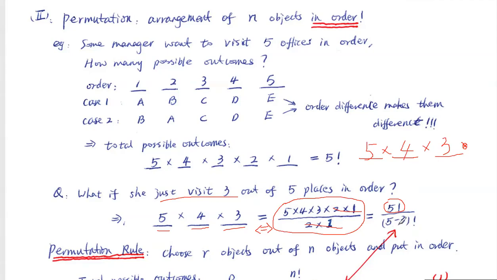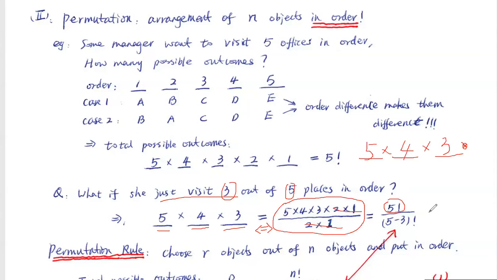And instead of writing 2, I'm writing 5 minus 3, because that's all the information we are given. The manager wants to visit 3 out of 5, so we are using the 5 and the 3 we have. That's how many outcomes we have.